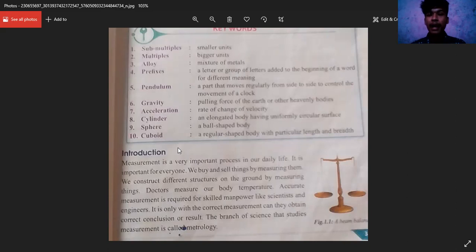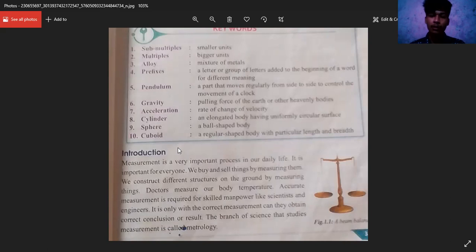They measure the area of the land where we are making the building. Then after that, they measure the volume also, and they measure the height also. At which height they will stop, or how much height will they cover while making the building. They will look at that also.